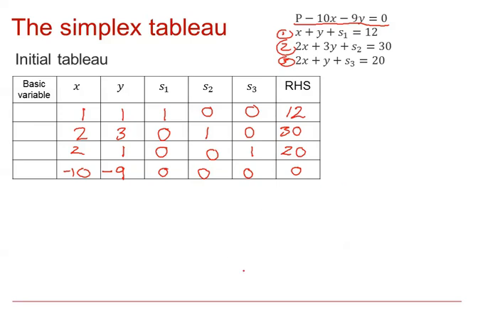So we're going to look at the basic variable column now, and the basic variables are those that are non-zero at any stage. So since the method starts at the origin, then x must equal 0, and so must y at the beginning. So the non-zero basic variable for the first constraint, since x and y both equal 0, must be s1.